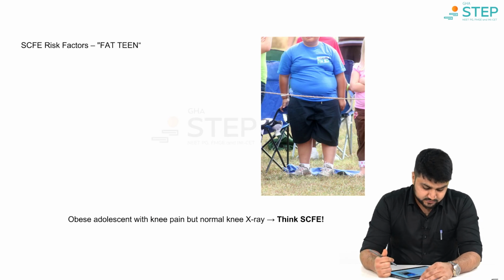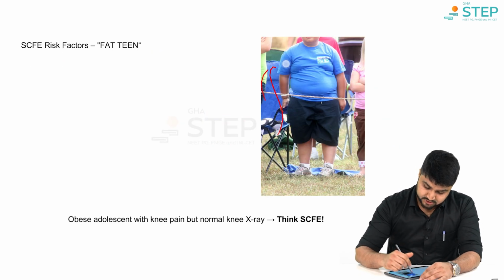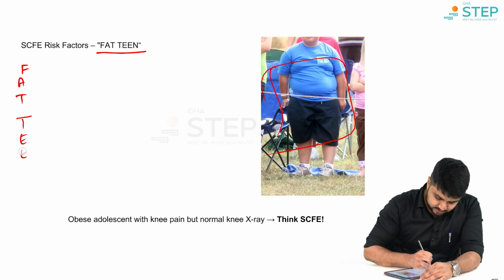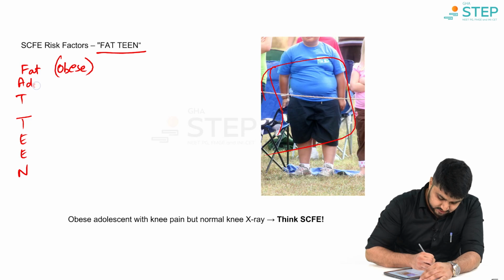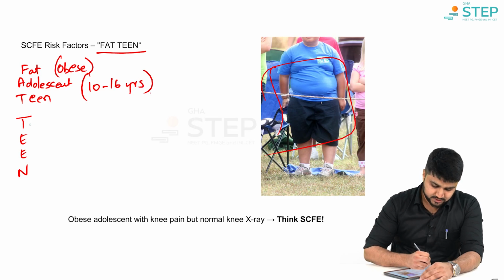So the risk factors for slipped capitofemoral epiphysis, please remember this image as well as the mnemonic FAT TEEN. So it's usually a fat or an obese child, obese adolescent or a teen, roughly between the age of 10 to 16 years. They usually have some form of thyroid dysfunction.